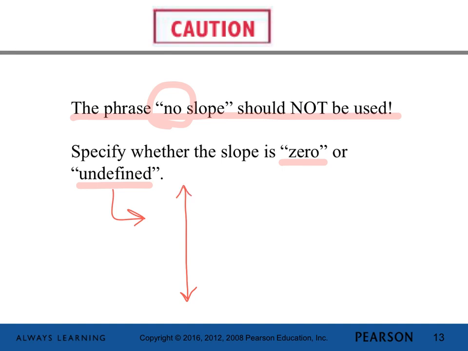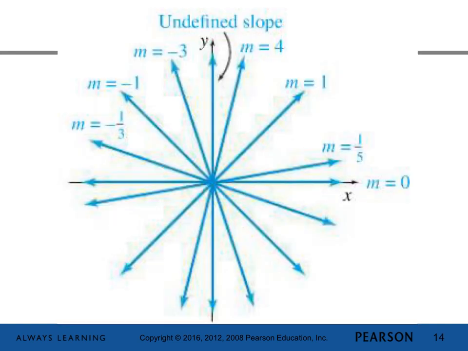All rise, no run. Whereas a horizontal slope, or a 0 slope, is a horizontal line. All run, no rise. So here's a picture of slopes, and I want you to keep these ideas in mind.